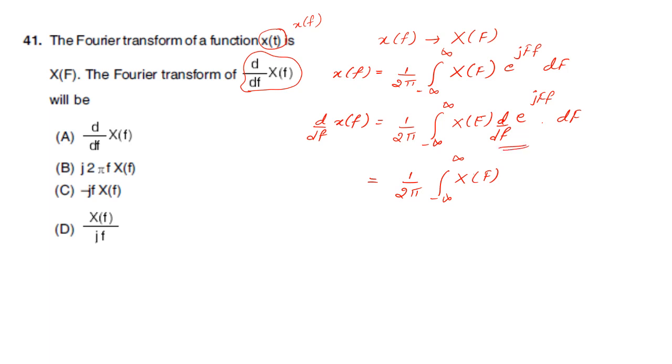Differentiation of e raised to j omega t with respect to small f will be j into t e raised to j omega t df. But here 1 upon 2 pi integration X of f e raised to j omega t is nothing but small x of t.